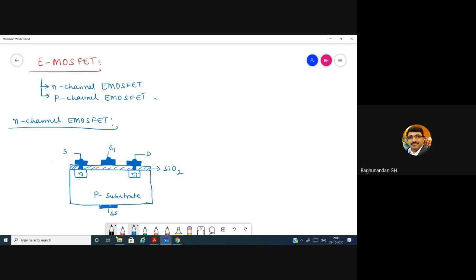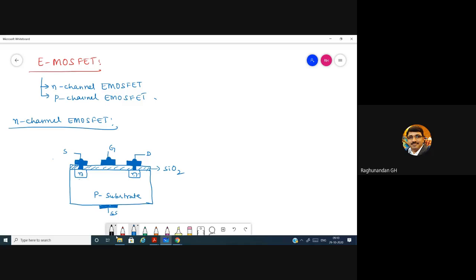What are the majority charge carriers in an N channel? Electrons. When the channel is made up of electrons, it is easy for electrons to flow through it. But if the path is full of P type material, it is not easy for the electrons to flow.